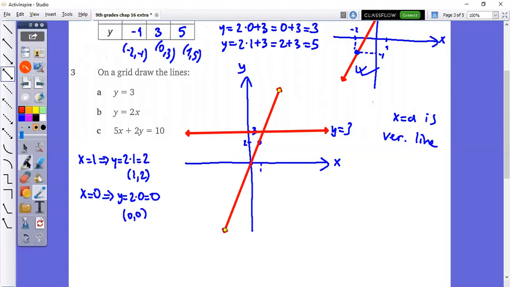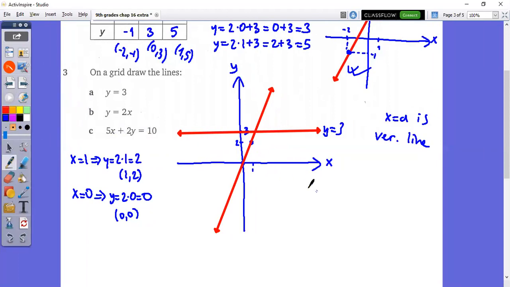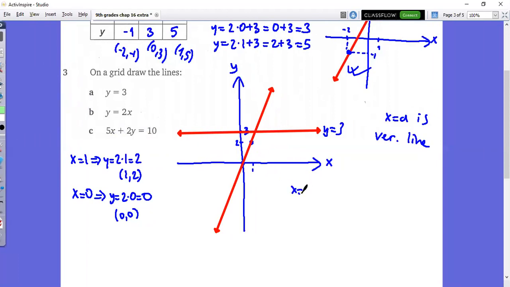And the last one, 5x plus 2y equals 10. Remember, we were finding x and y intercepts. We substitute 0 for x to find the y intercept. So 2y equals 10, we get y intercept is 5.